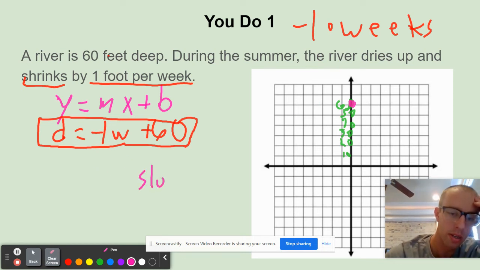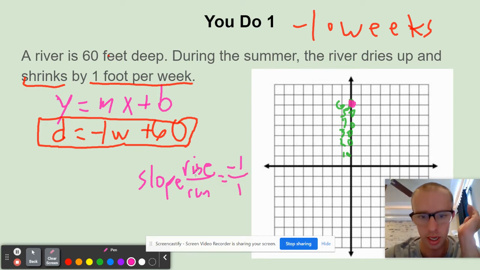My slope is rise over run. Well, that's a -1, but I can put anything over 1, right? It doesn't change. -1 divided by 1 is still -1. Again, didn't change the number, just changed the form. So I go down 1 over 1. This is actually where it gets a little bit tricky because we're going down by tens on this side.